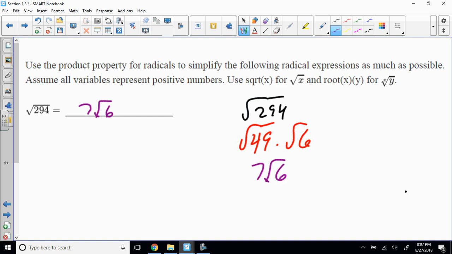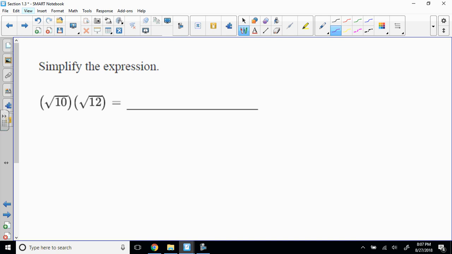So if I get over 144, that's 12 squared. What's my likelihood of something above 144 going into it evenly? You won't find one, unless it's a perfect square. Okay, simplified expression.